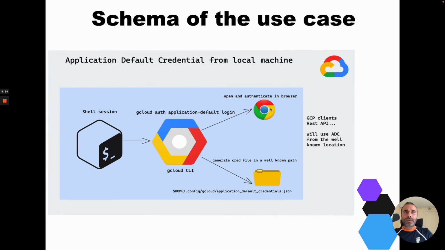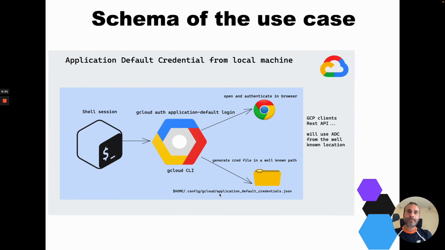It will open a browser, and from this browser, we will authenticate in Google Cloud as my current user, and then it will generate a credential file in a well-known location. For example, in a Linux environment, the location is home/.config/gcloud/application_default_credentials.json.